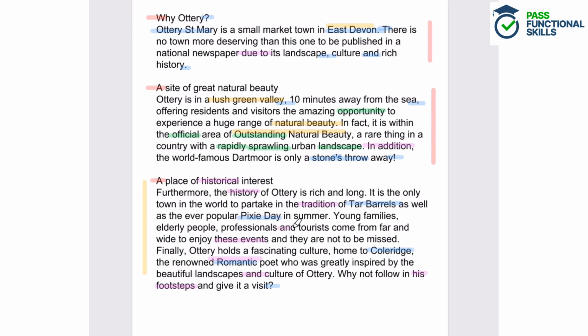We've got "and" being used at the end of lists here, so young families, elderly people, professionals and tourists, and to add some extra information. So not just inspired by the beautiful landscapes, but also the culture. So try to use some connective words in your own sentences to add information, contrast information or explain information using connective phrases like "due to".